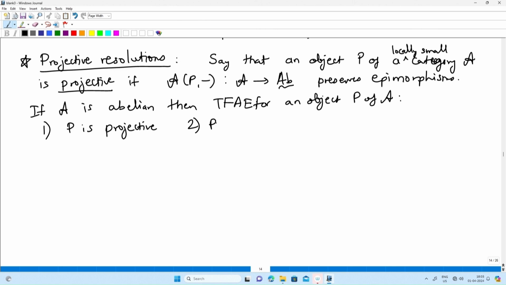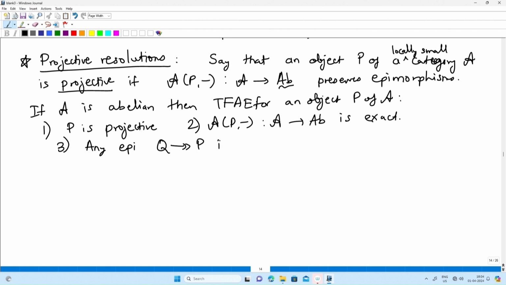The second one is that A(P, -) from A to Ab is exact. And the third condition is that any epimorphism from Q to P is split.